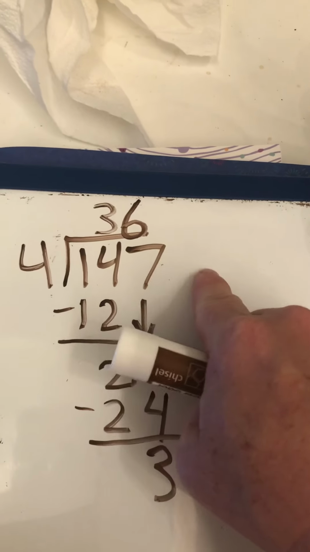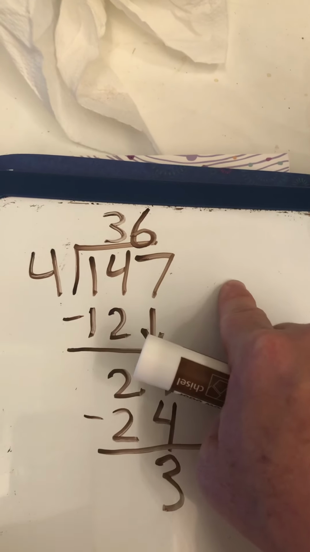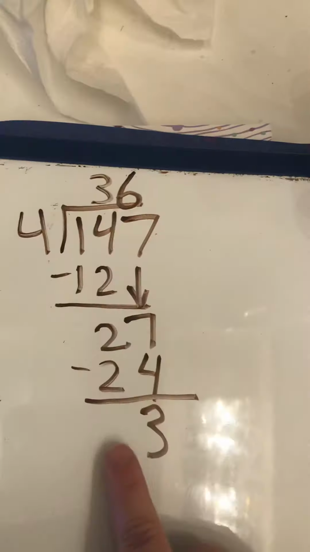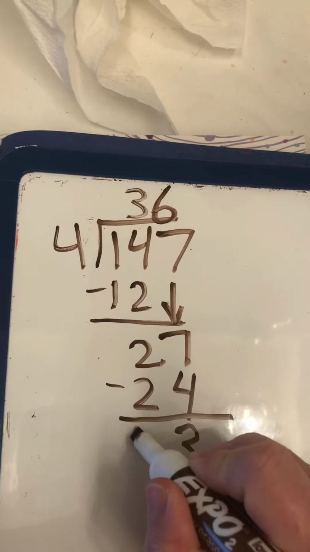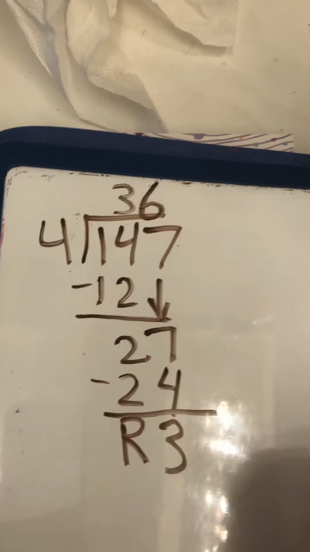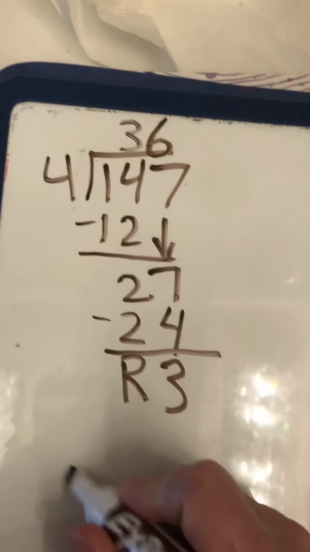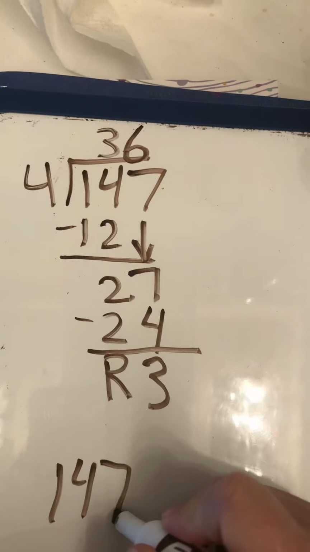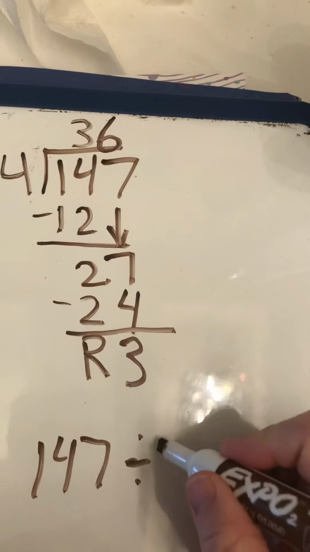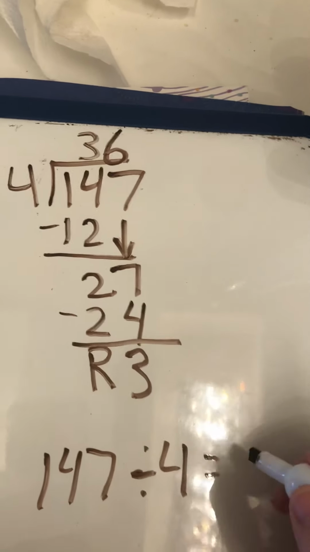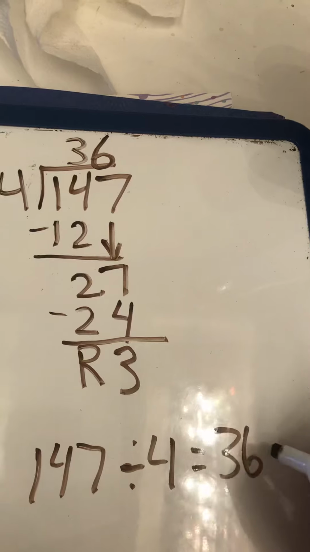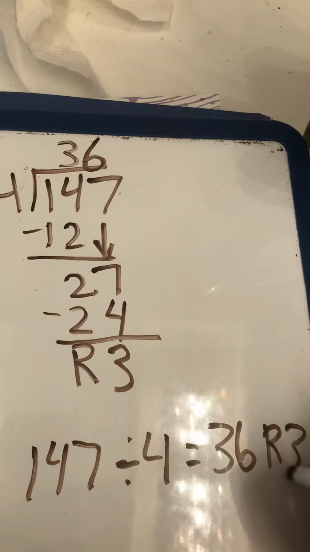Notice I don't have any more digits in this number over here, so I'm all done. This 3 becomes my remainder, so I'm going to put an R right there, okay? So that means 147 divided by 4 equals 36 with a remainder of 3.